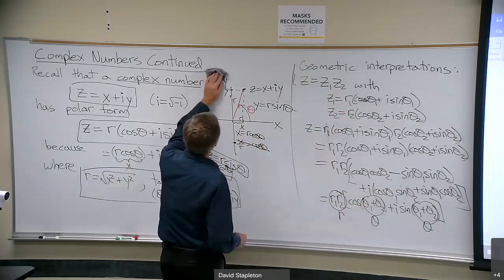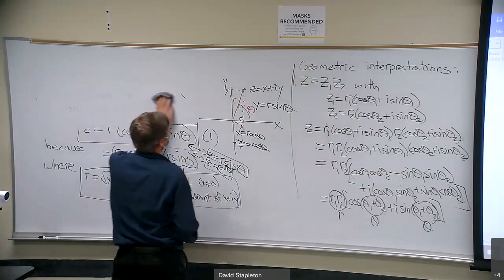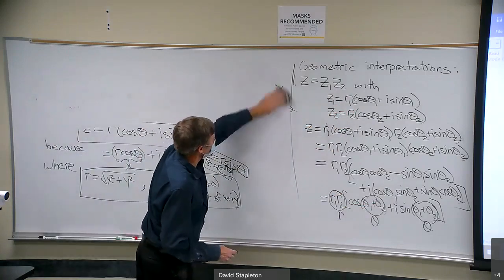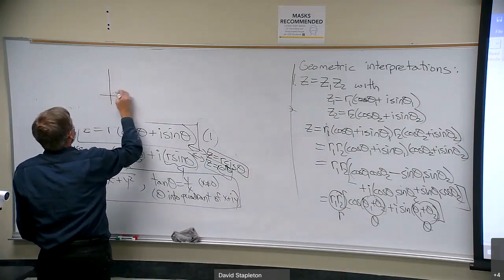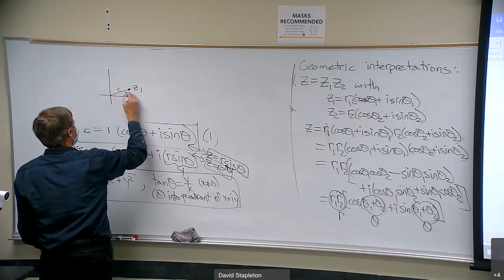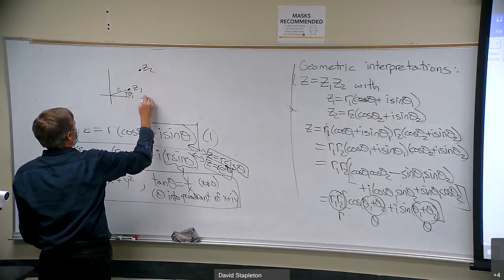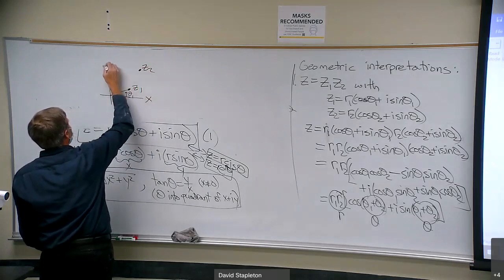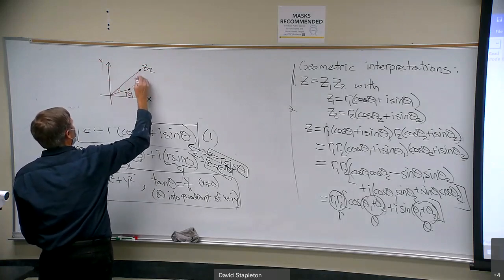So it has a geometric picture that looks like this when you multiply complex numbers. Here's z1. It has some distance from the origin r1 and some angle theta 1, right? Here's z2, some other number in the complex x plus iy plane. And it has this angle, theta 2, and this distance r2.